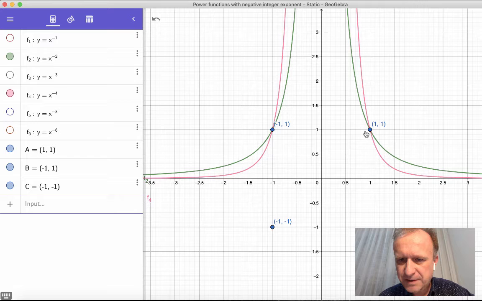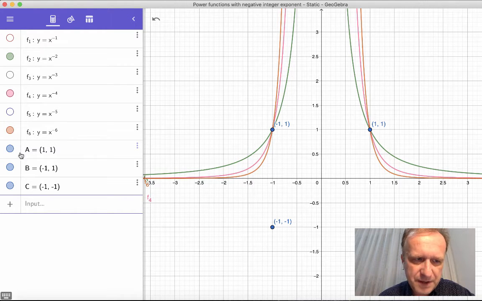So again, it's more steep in this region around 0, between -1 and 1, and it tends to the 0 value as x tends to infinity, and is more flattened, like you can see, in the region from 1 upwards or from -1 downwards.